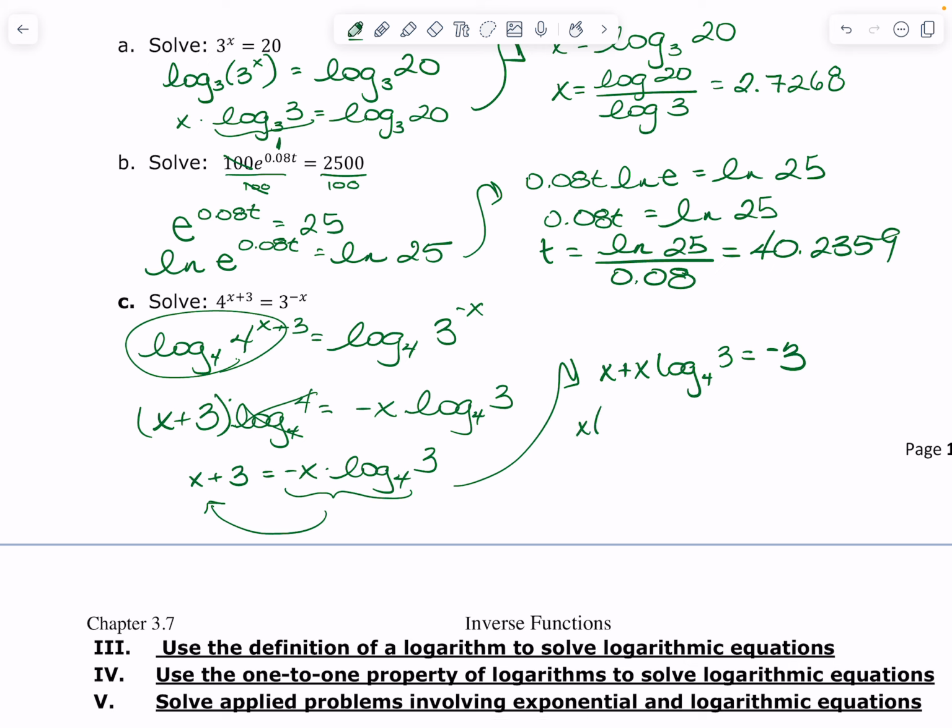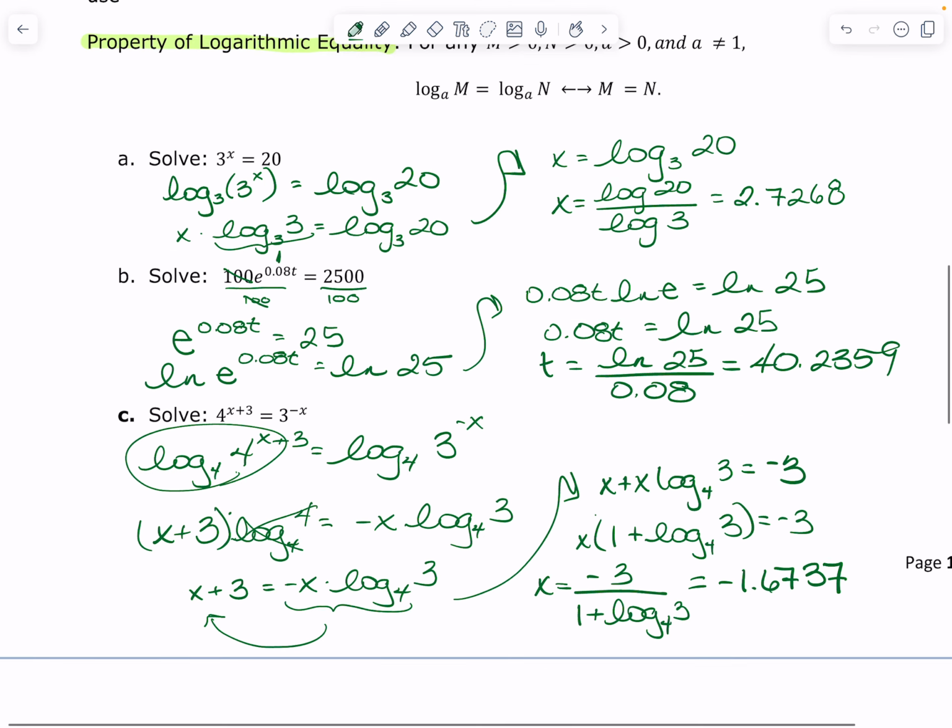Now I can factor x out of both parts. And then divide. And when I crank through the numbers for that, we get negative 3 divided by 1 plus log base 4 of 3. I got a negative 1.6737. And there's page 1.